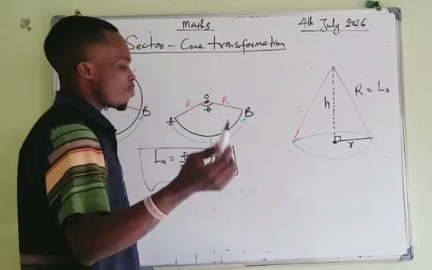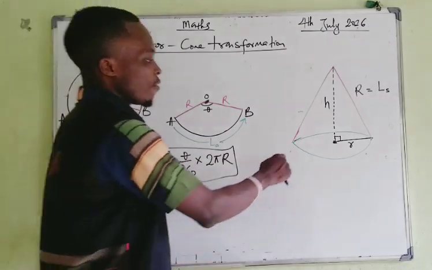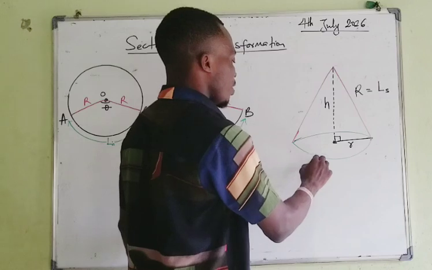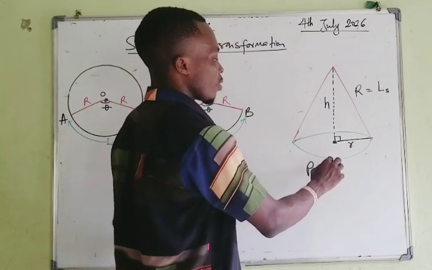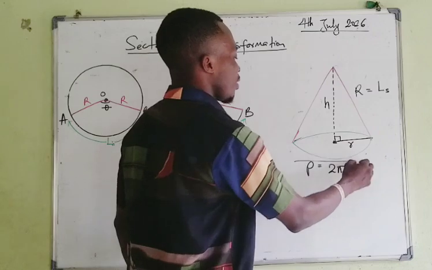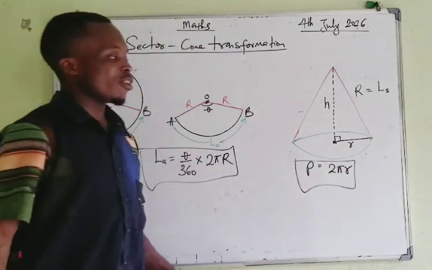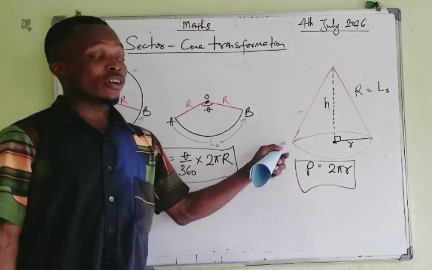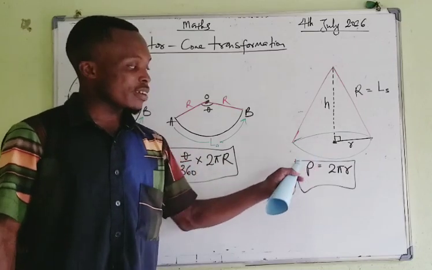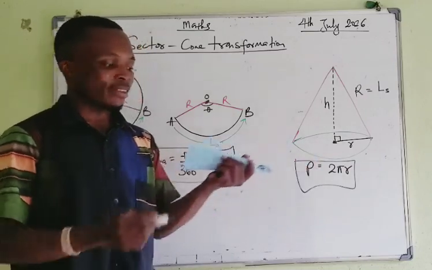So what is the perimeter of the circle? For this circle here, its perimeter is P equals 2 pi r. The length of the circle, its perimeter for this particular circle, is 2 pi r.